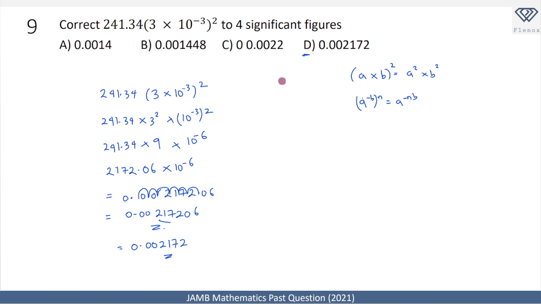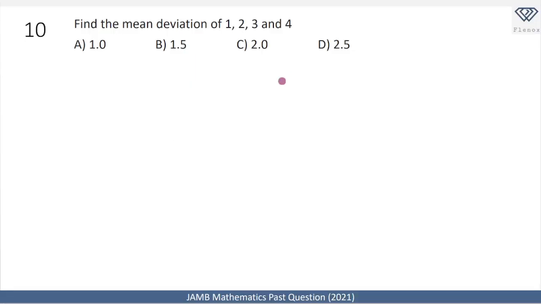Now let's move on to the last question for part 1 of the JAMB Mathematics question for 2021. Here we are told to find the mean deviation of 1, 2, 3, and 4. We know that the formula for the mean deviation, which is a measure of dispersion, is the summation of the absolute value of x minus mu, where mu is the mean, over n, and n is the total number.